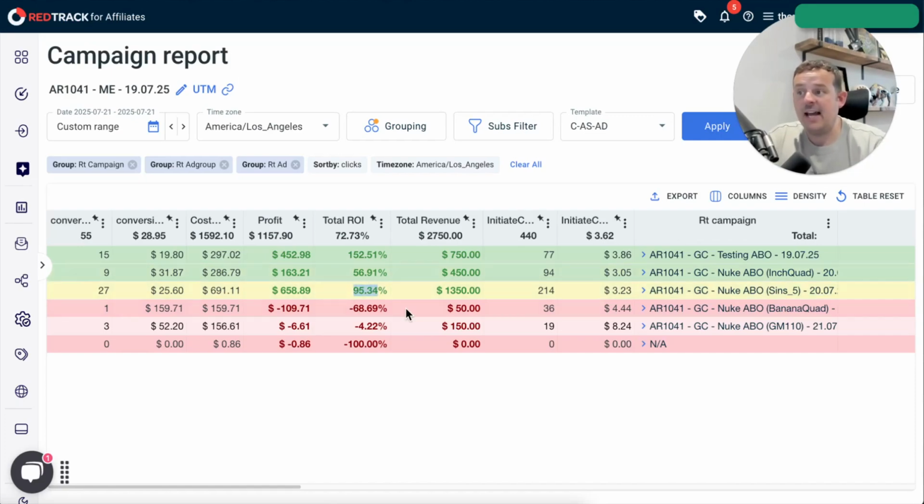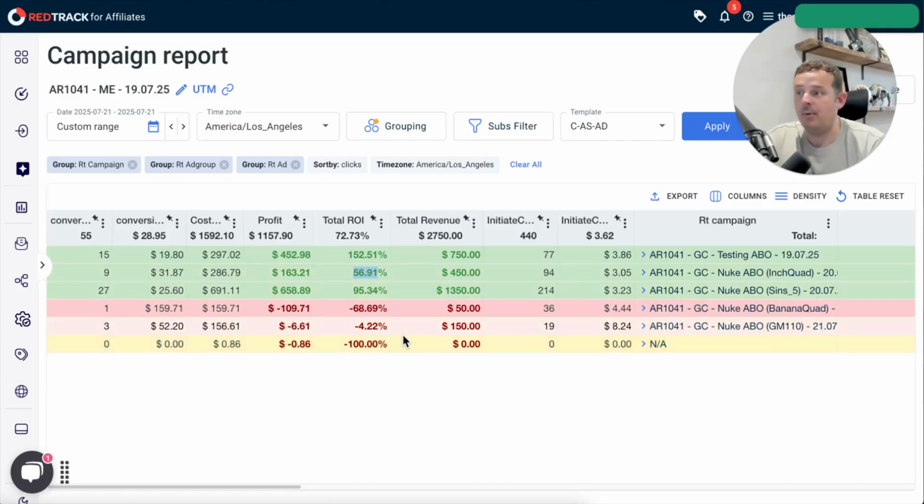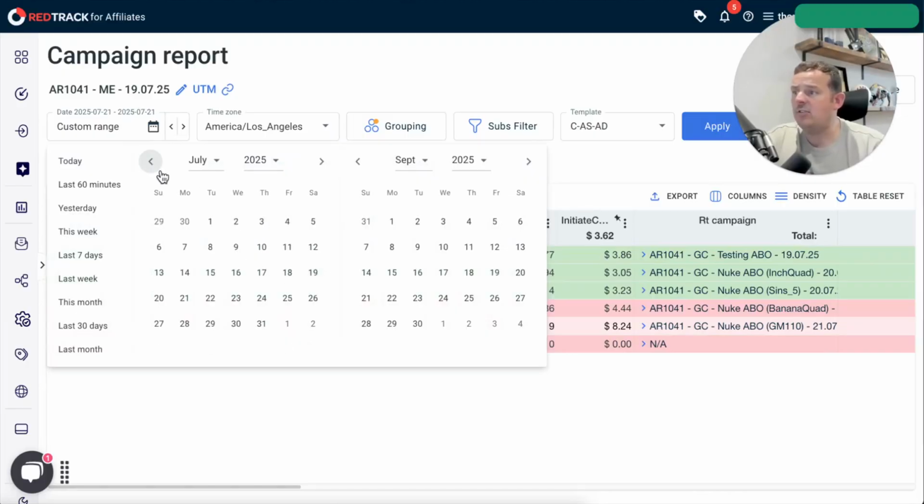This one did 95% ROI, so it spent $690, made back $1,350, giving us a $658 profit. And then obviously this one did equally as well, 56%, not quite as well, but I'm happy with that. And then the testing ABO just continued to crush, right? So insane results.